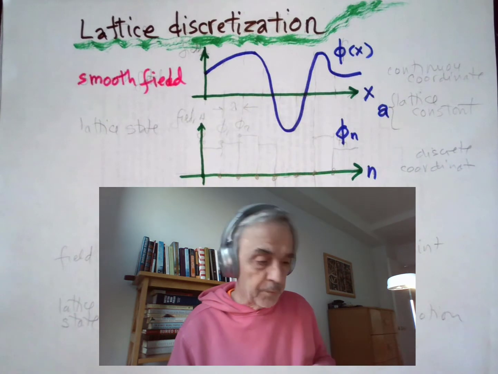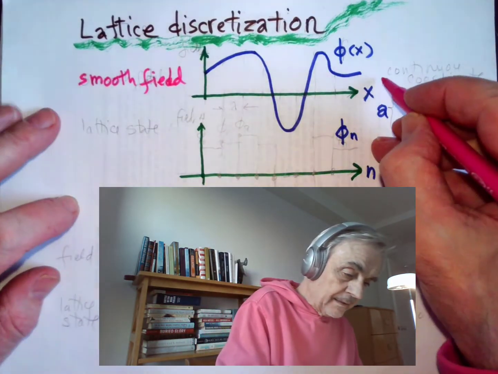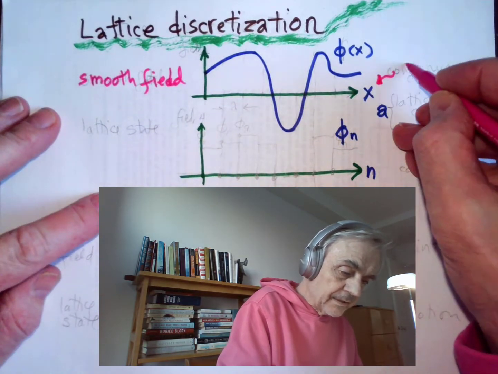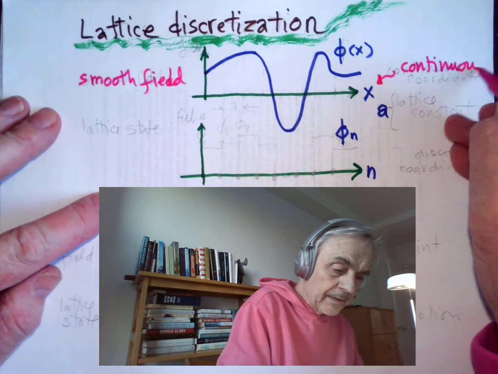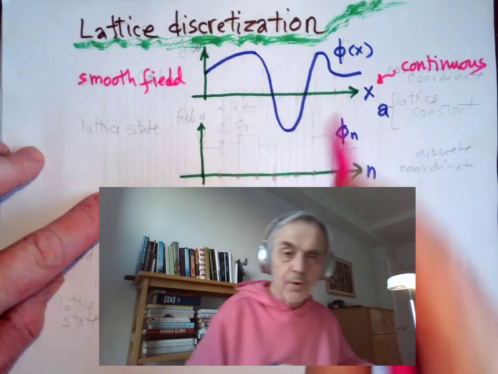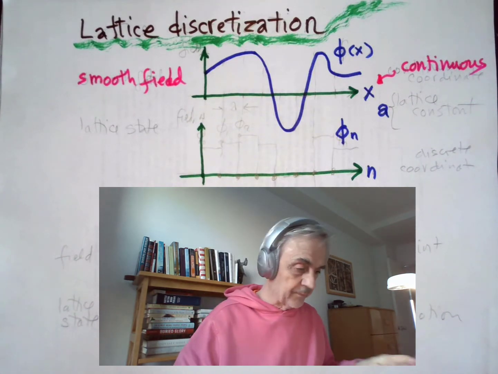And you want to put it on a computer. Now this is a continuous coordinate, meaning there are infinitely many points in any finite interval, so this you cannot put in a computer. So what do?